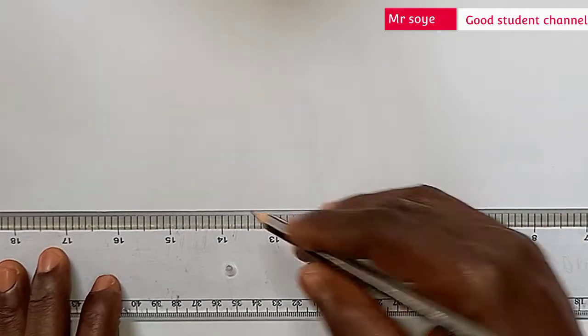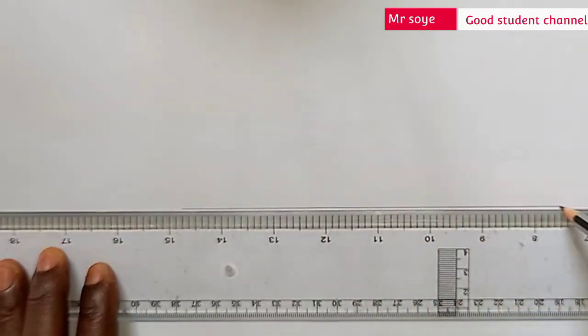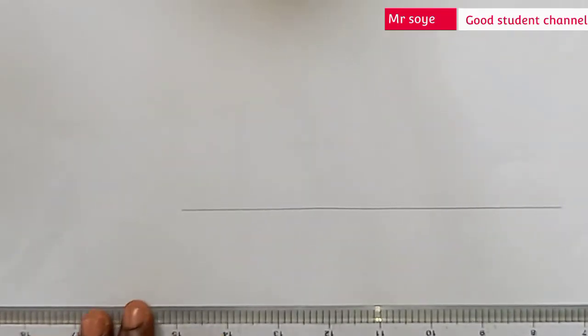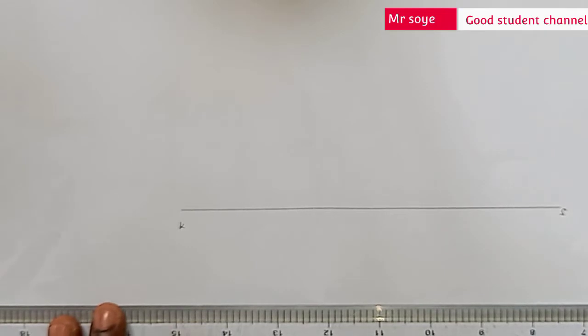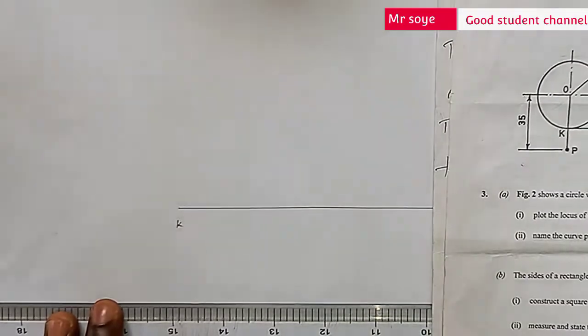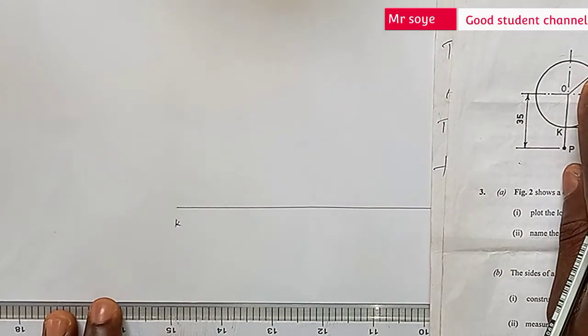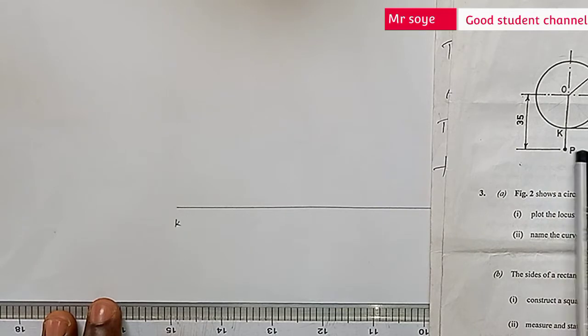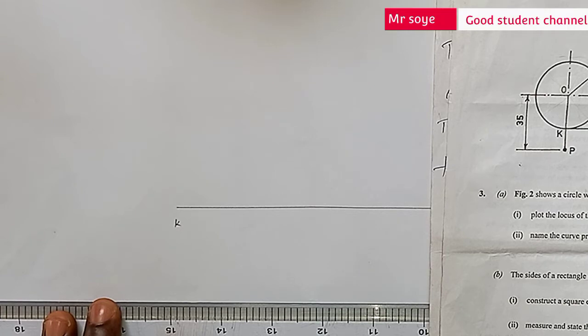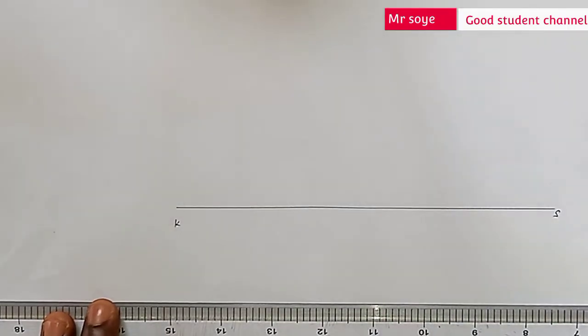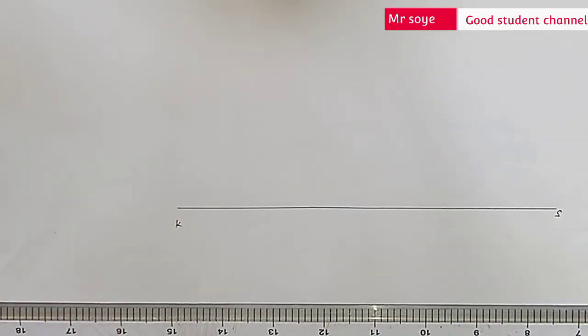This is the baseline KS. Then on it, we will draw the cycle with radius 25, and also draw the second cycle with radius 35. Take my compass.